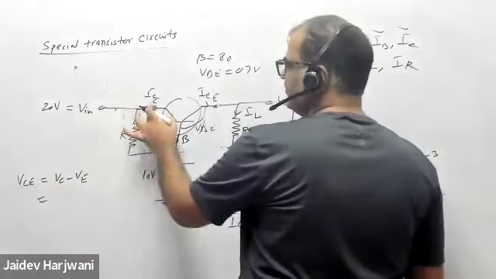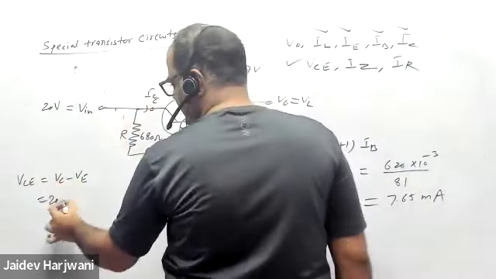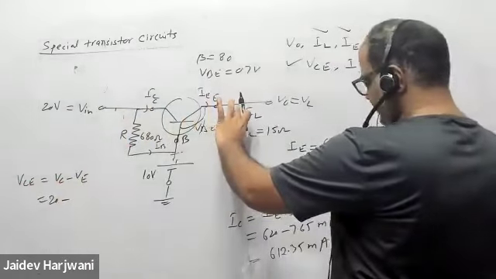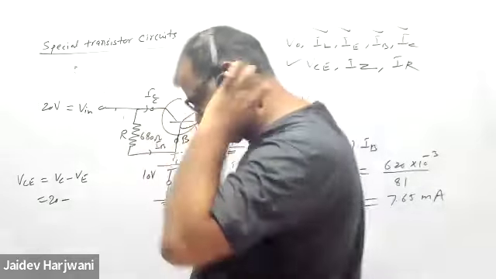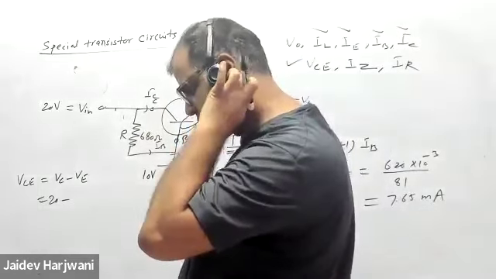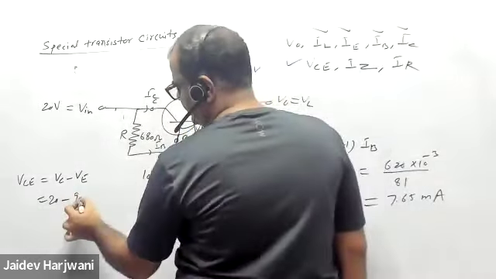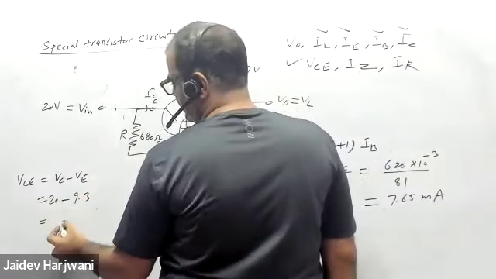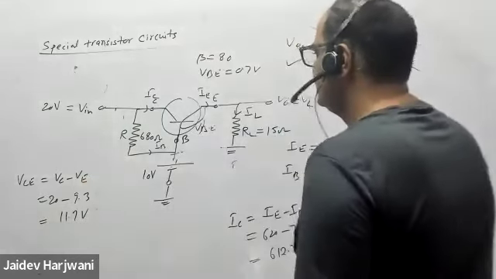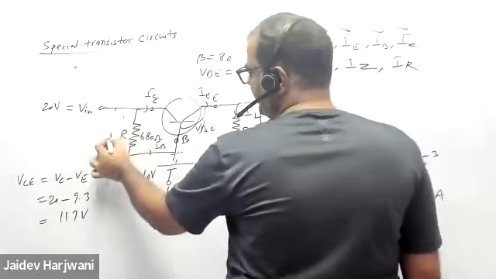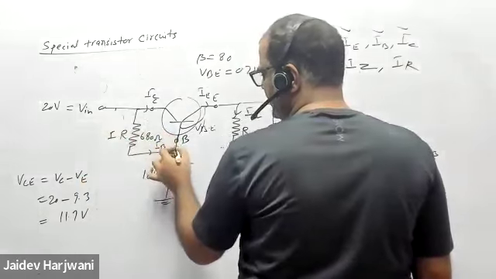And VC is already given, 20 volt directly. And VE, we know how much we load, 9.3. So this becomes 11.7 volt VCE.